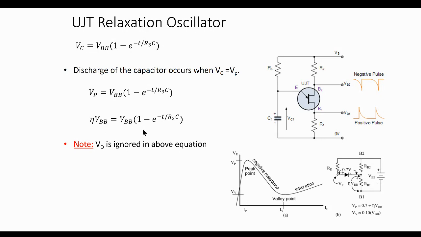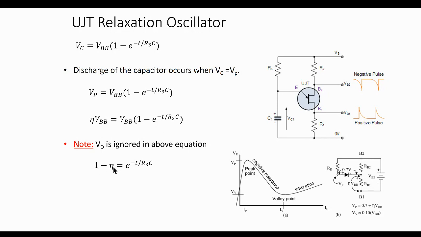Let us make time the subject of the formula here. So divide both sides by VBB and rearrange the expression. It comes to this. Just transposing, very simple.